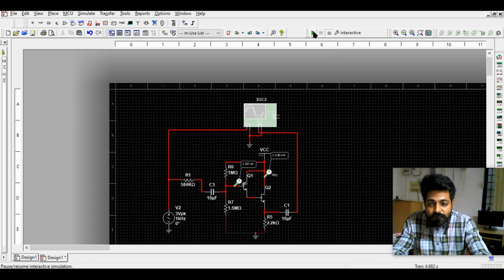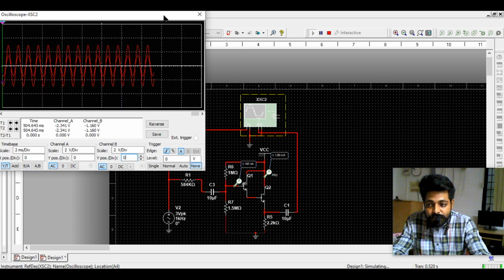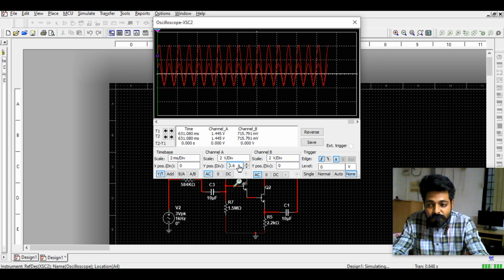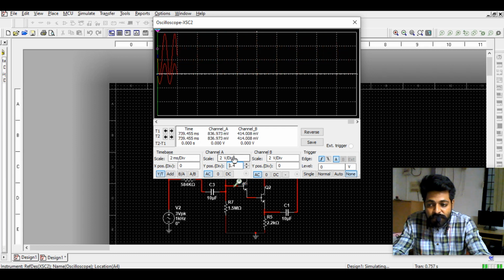So we can do the rest of the cases also, but we'll go directly. So if I go with this one directly, I shift my input up and shift the output down.